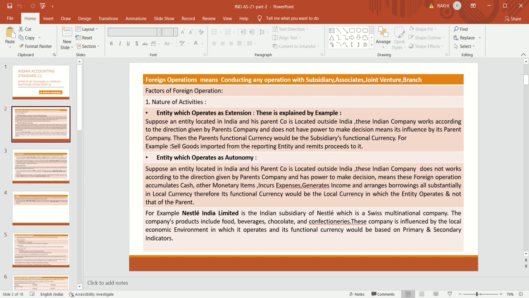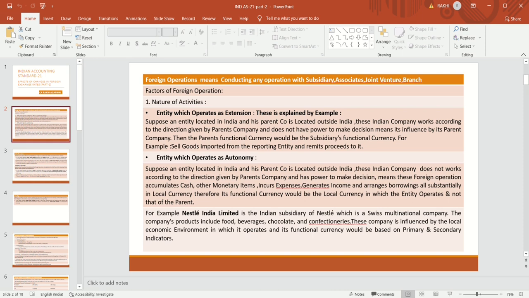Whether the activity with the foreign operations is extensive in nature, in the form of extension, or they are working as an autonomy, means they are operating on their own, or they are working according to the direction of the parent company. So for the nature of the activity, first we need to recognize what kind of subsidiary this is, whether they are independent or whether they are dependent on the parent.